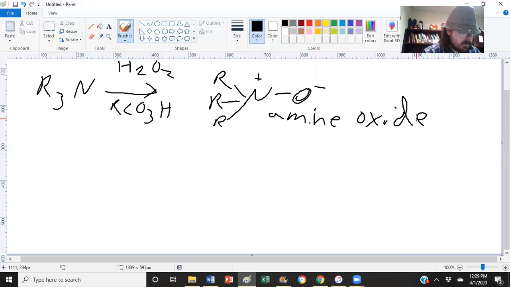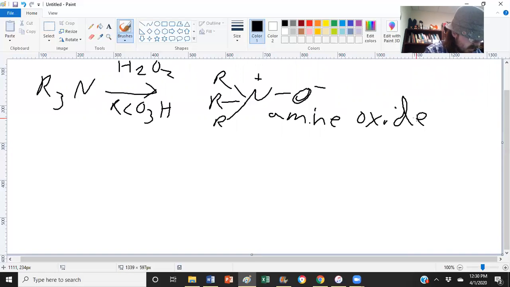Now the positive charge on nitrogen will lead to what's called the Cope elimination. The oxide will act as its own base and do its own attack.